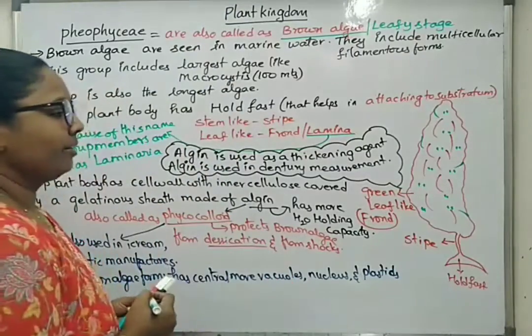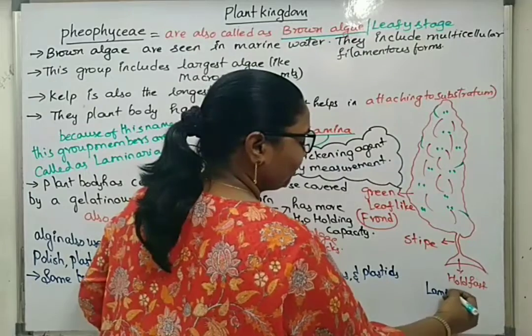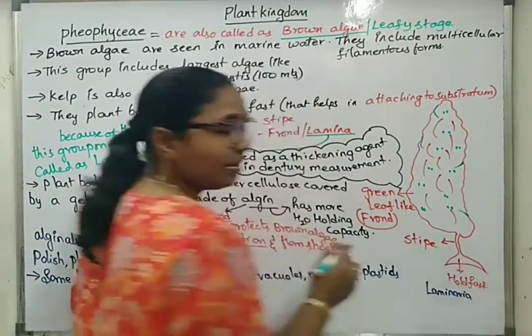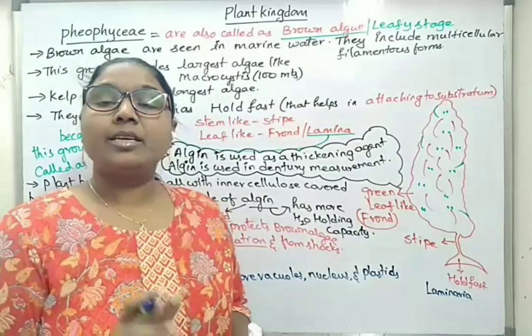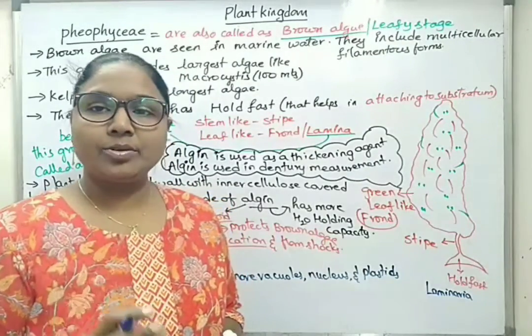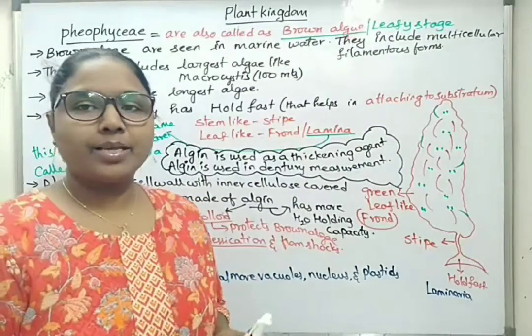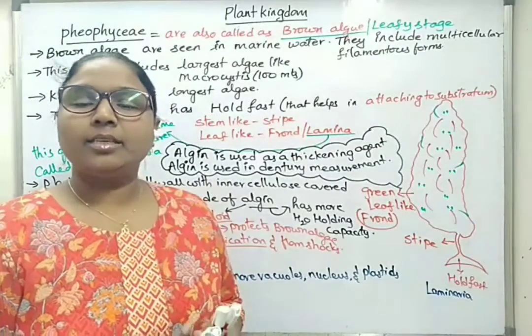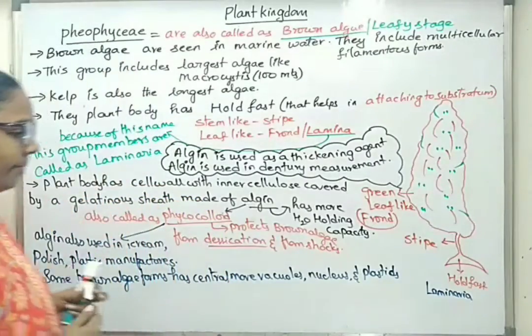Now this is the structure of laminaria. In this subtopic, Phaeophyce members, diagrammatic representation is also very important, because sometimes they give the diagram as it is and ask us to identify what is the name of that particular algae.